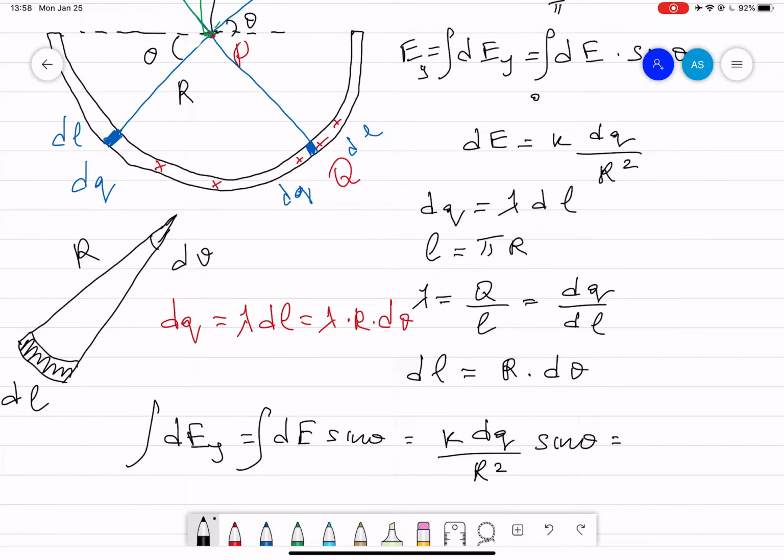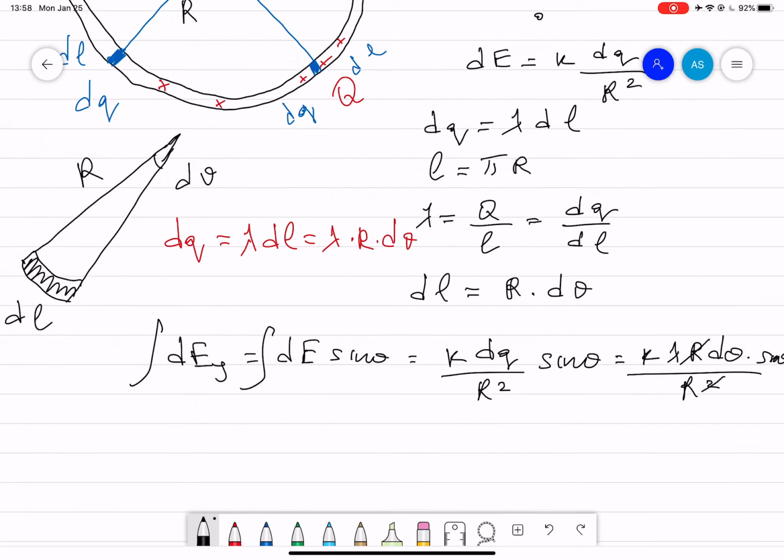Then dq is k lambda r d theta times sine theta divided by r squared. This r squared will cancel out, and we have k lambda divided by r. Those are constants, so I brought them out of the integration, leaving sine theta times d theta.